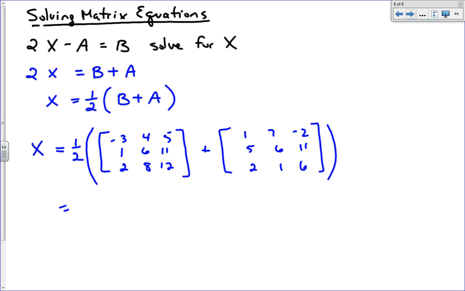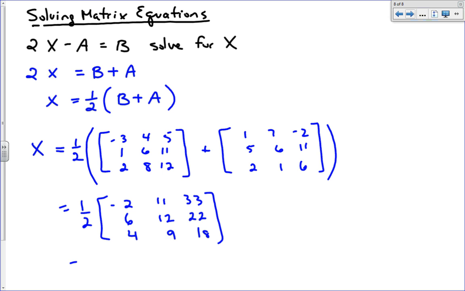So now I can add those two matrices, A plus B. So I've got 1/2 times, and actually I don't need that round bracket anymore, of negative 2, 11, 33, 6, 12, 22, 4, 9, and 18.